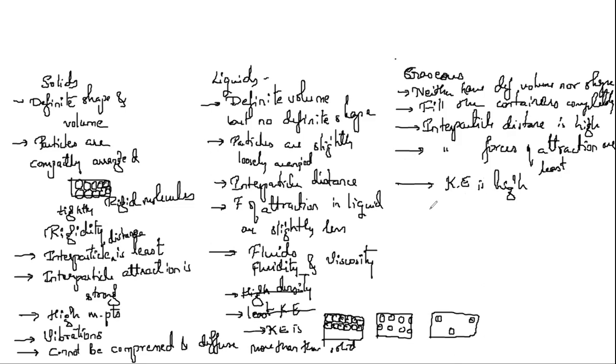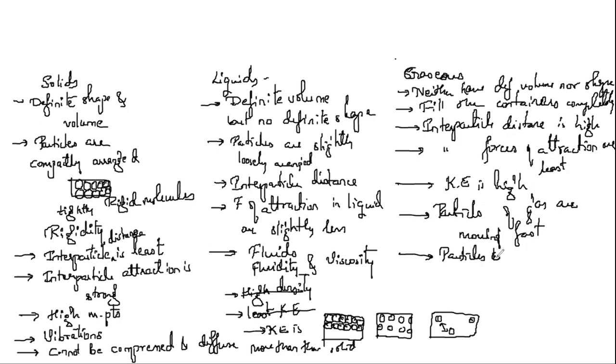Because of this high kinetic energy, the particles of gases are moving very fast. So when they are moving very fast, they may hit each other. When the molecules collide with each other, what happens?